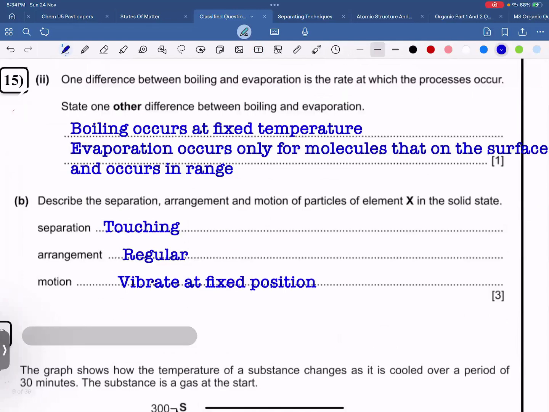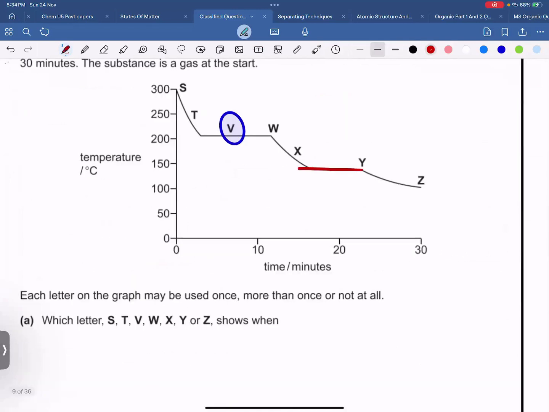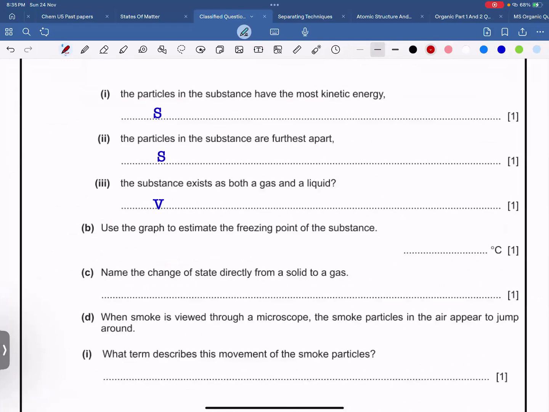Freezing point equals the melting point in heating. So second level, just make a line and estimate it, which is going to be 140, 135, accepted in a range like 135, 130, 145 accepted, 135 for example.